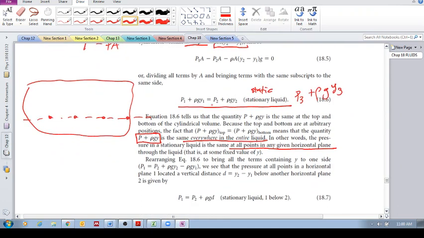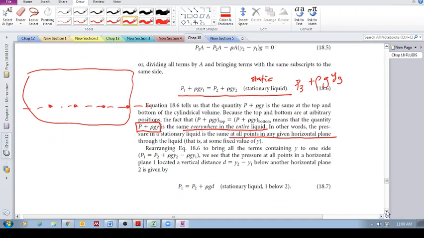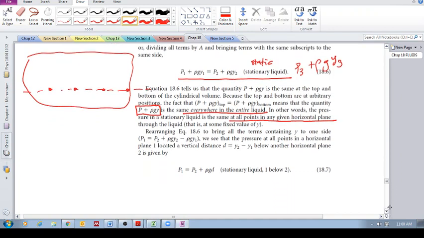Now, if you rewrite this in a more intuitive way, we get this for a stationary liquid, where point 1 is below point 2. Take note, point 1 is below point 2.